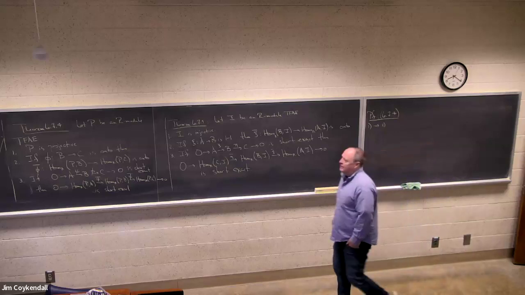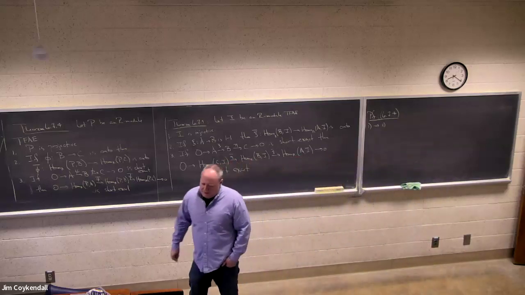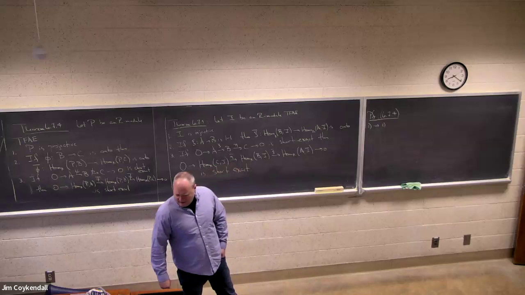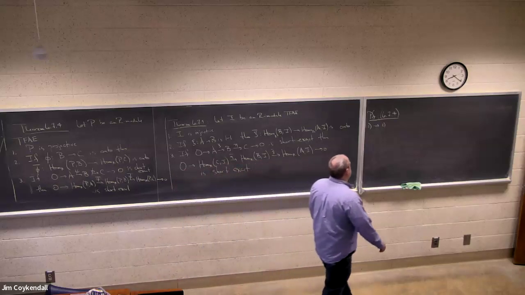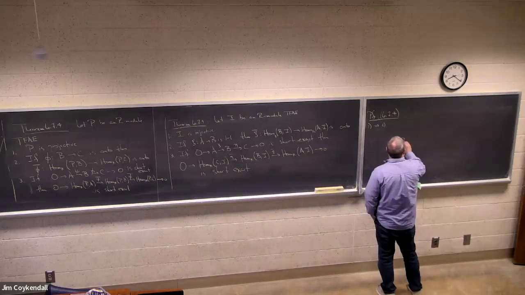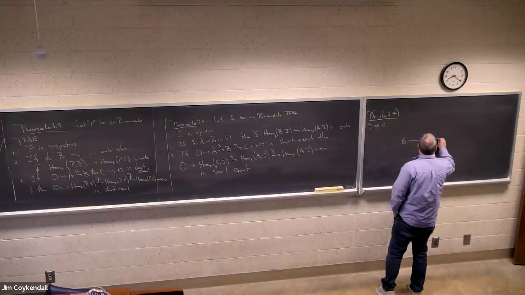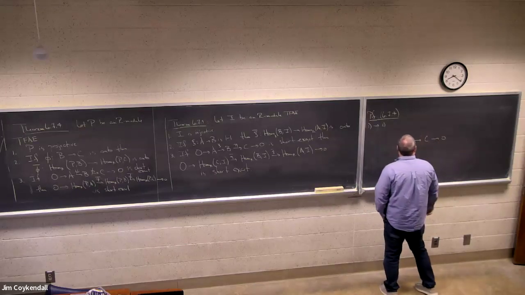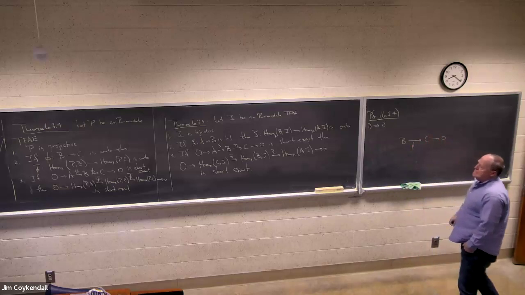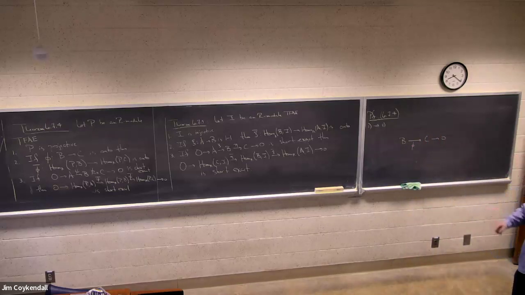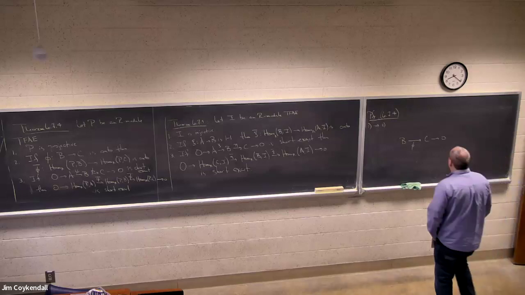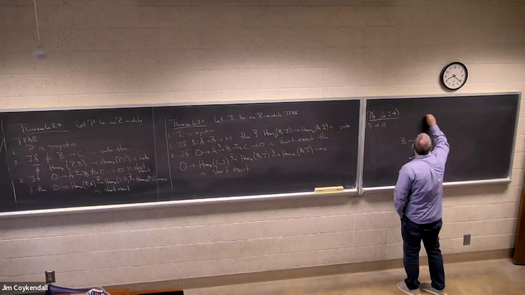We have phi from B to C that is onto. And what we want to do is show that the induced map on Hom is onto. We know that P is projective.